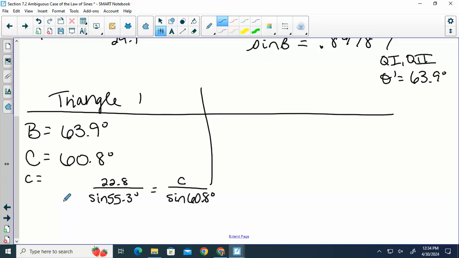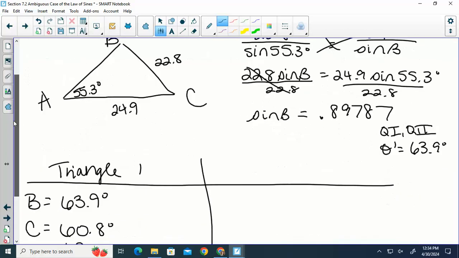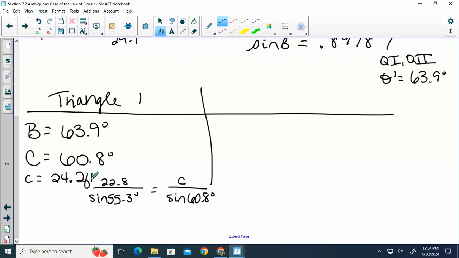So we multiply that over. We get 24.2. And our sides were in feet.